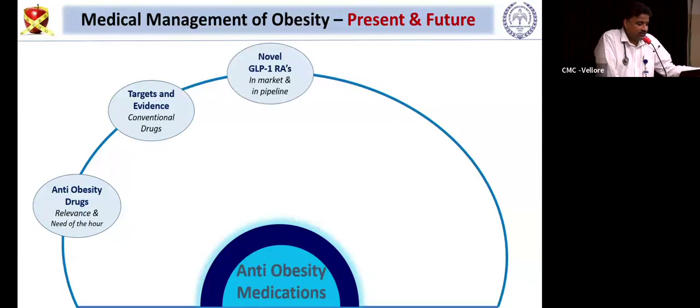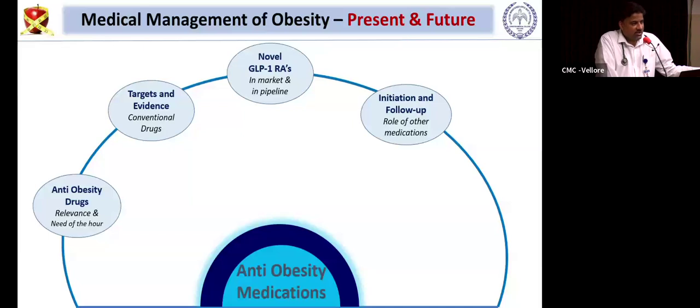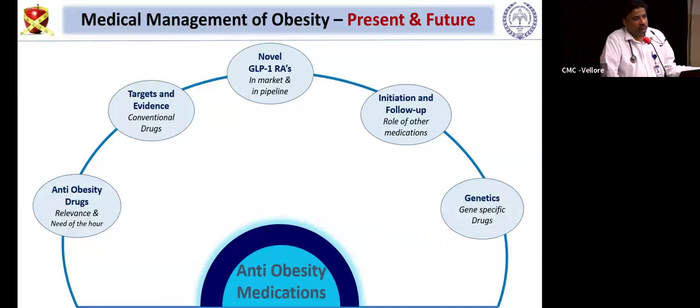We'll talk in detail about the novel GLP-1 RAs that are either already in the market or in the pipeline. We'll talk about how to use them, what is their indication, when we start, how we follow up, what is the role of other medicines in obesity management. And just before I close, we'll also talk about the upcoming role of genetics and the gene-specific drugs that we now have for obesity management as well.